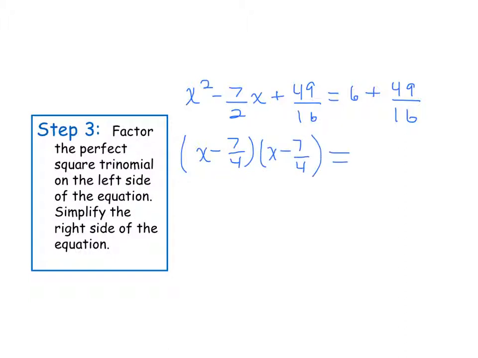And we're going to simplify the right side, and we get 145/16. Next, we're going to write this a little bit simpler so that we can prepare to solve by taking square roots. So we've factored the left side and we've simplified the right side.